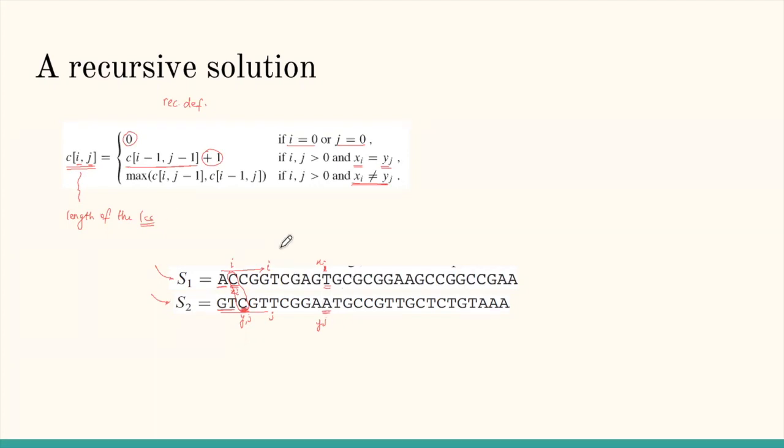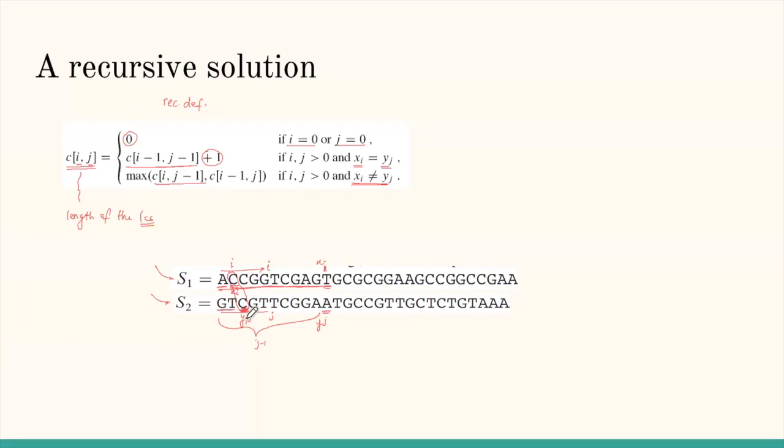In this case, the length of the longest common subsequence will be equal to the maximum of two possible longest common subsequences. One is the longest common subsequence between i and j minus 1. So we keep this subsequence as it is up to i, and we take the subsequence up to j minus 1.